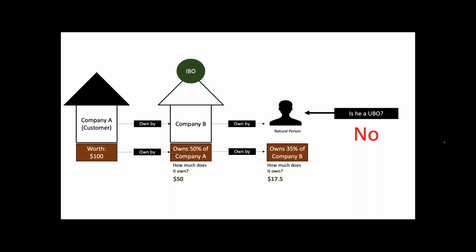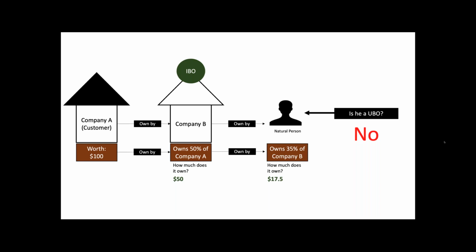Which means company B is only controlling half of company A. They own half of company A. They don't own 100 of company A. Now, the natural person then controls 35% of that 50%. Does that make any sense? Yeah, it does. Not 35% of 100%. 35% of that $50 is what they're controlling.